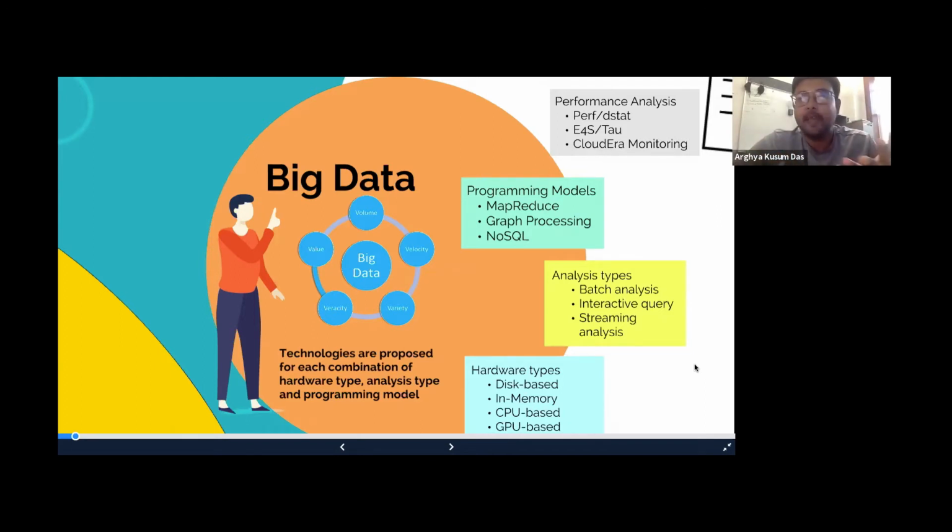For example, MapReduce, batch analysis with disk-based computing, that means the Hadoop framework. Or NoSQL, interactive query in memory, that is let's say Redis. Lots of different things are being proposed, and on top of that there are lots of performance analysis tools also being proposed every day. So how to keep up with all these technology changes is really a hard job for any instructor.